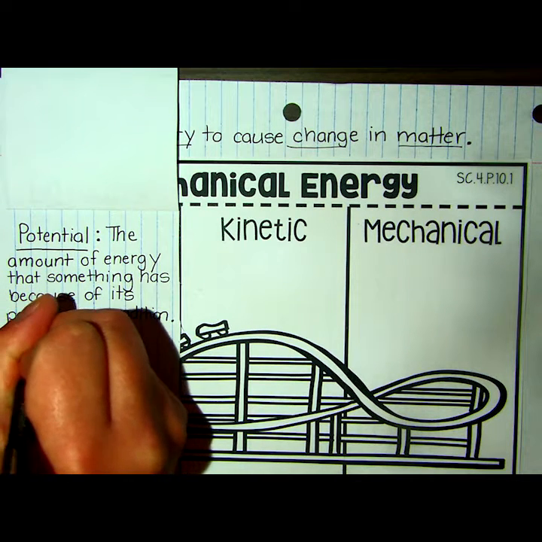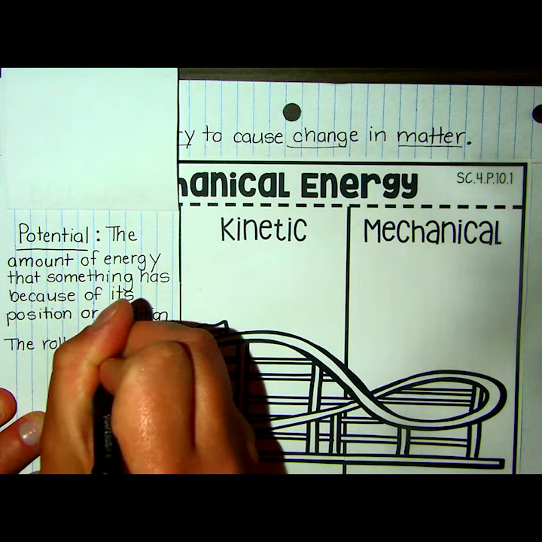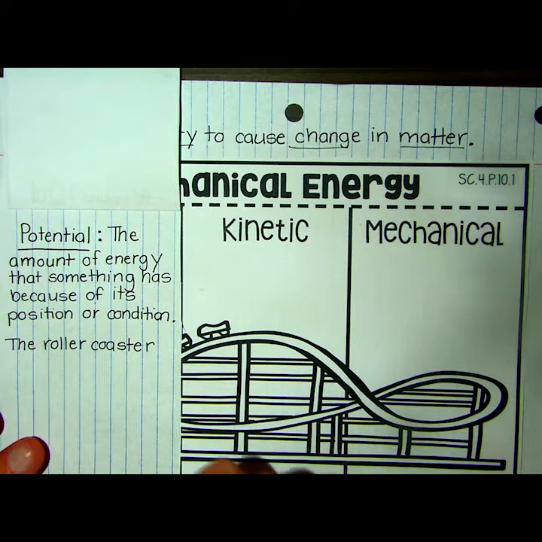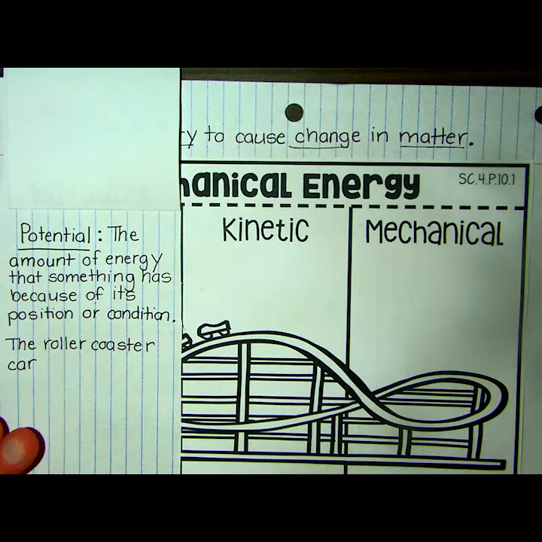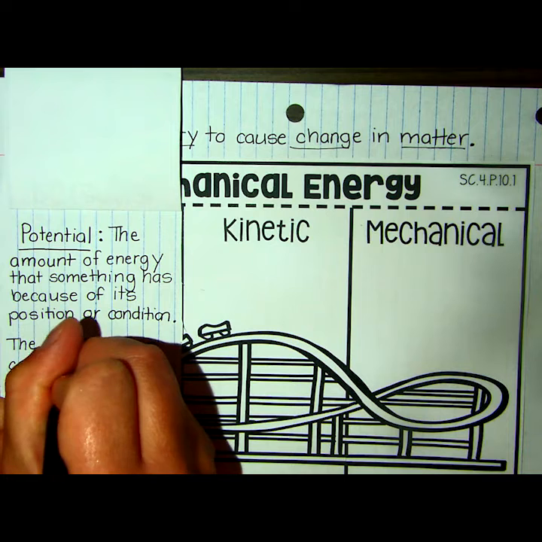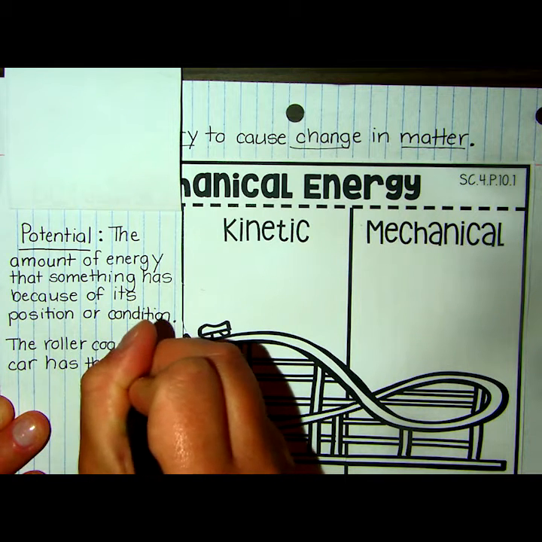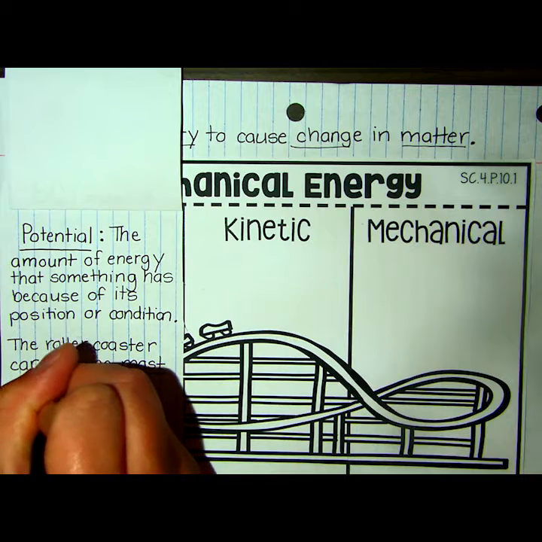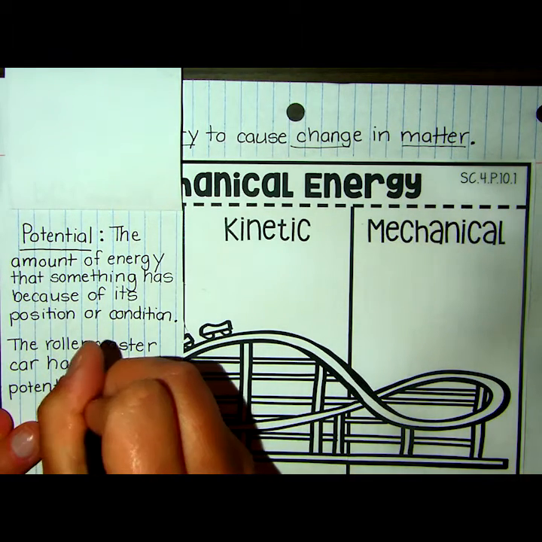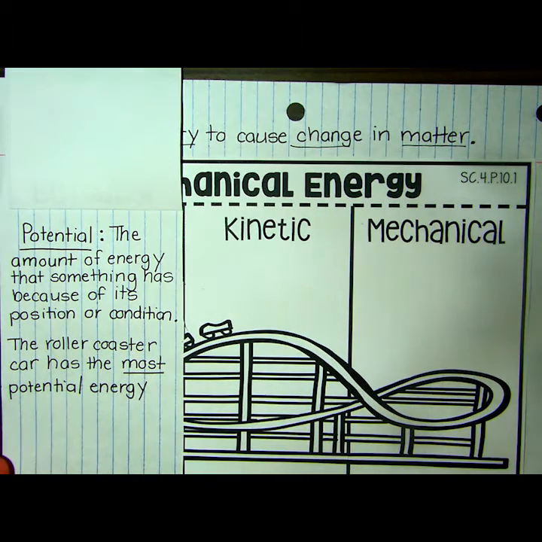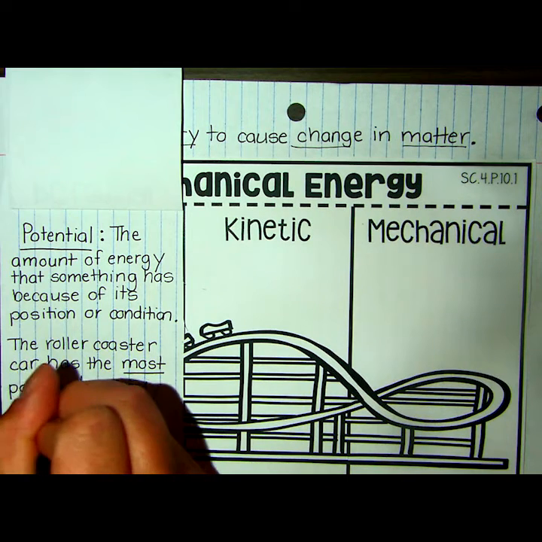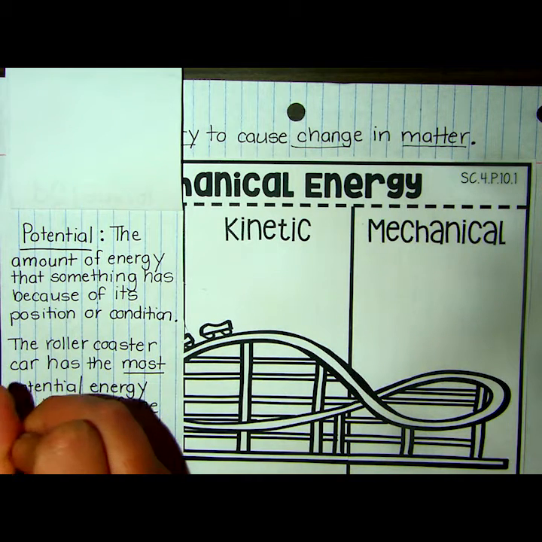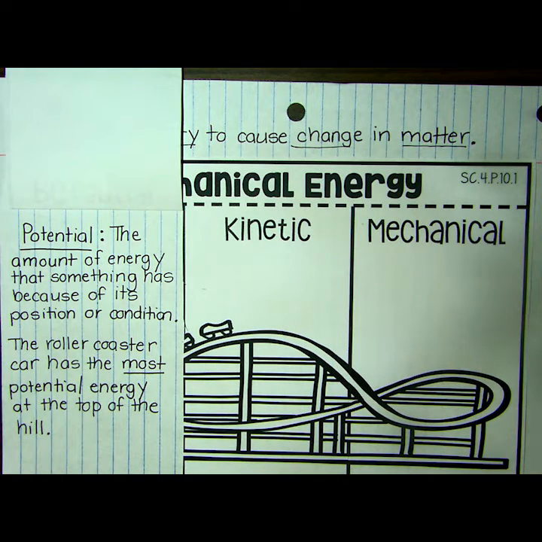The roller coaster, let's refer to the roller coaster car, has the most, I'm going to underline that word, potential energy at the top of the hill. I'll give you guys a moment to get caught up.